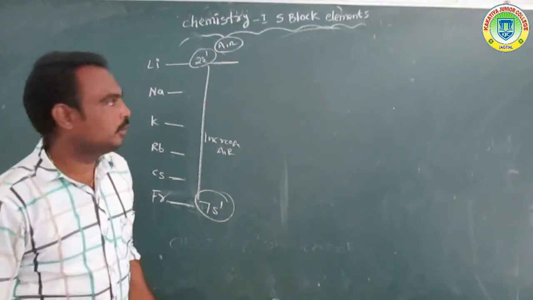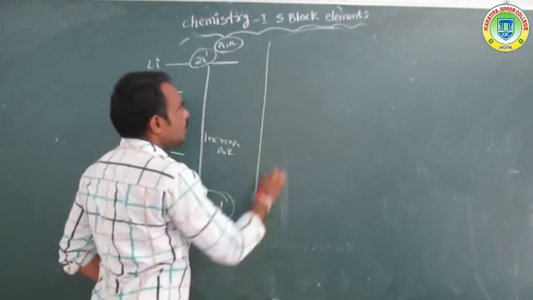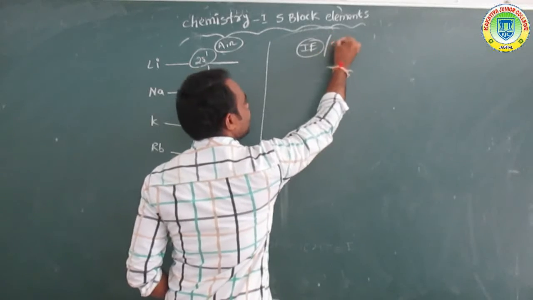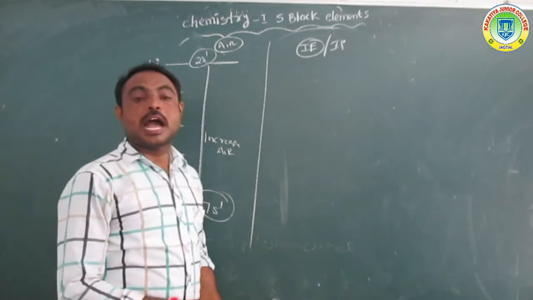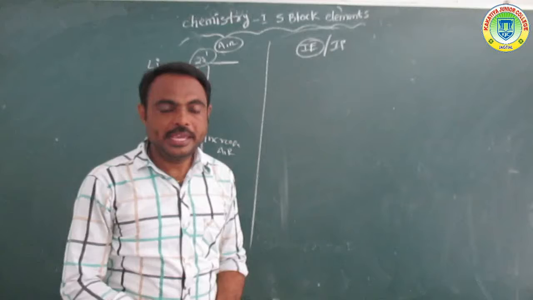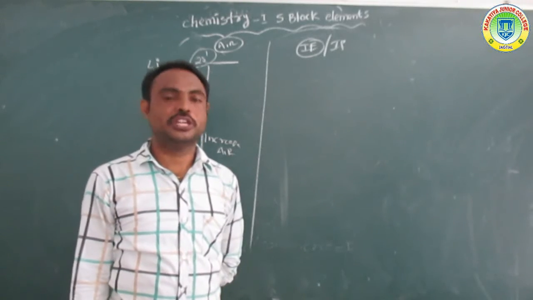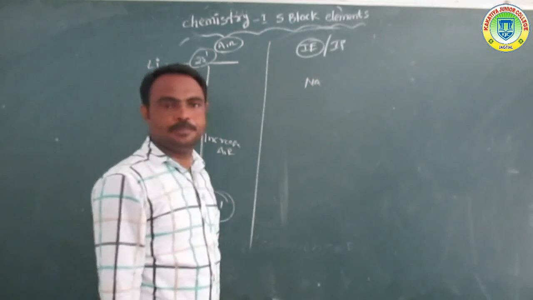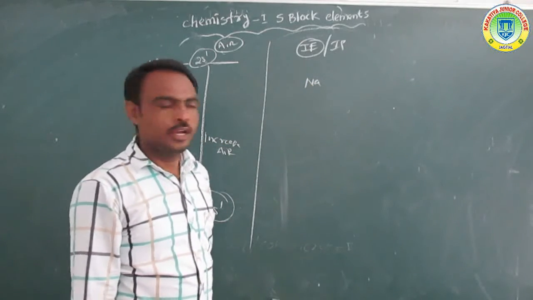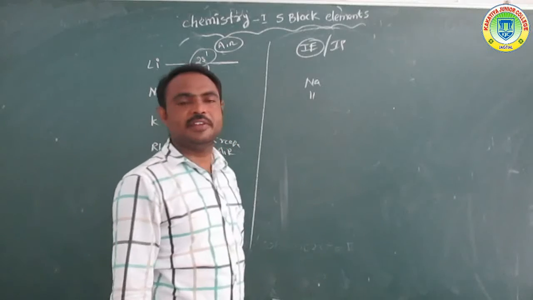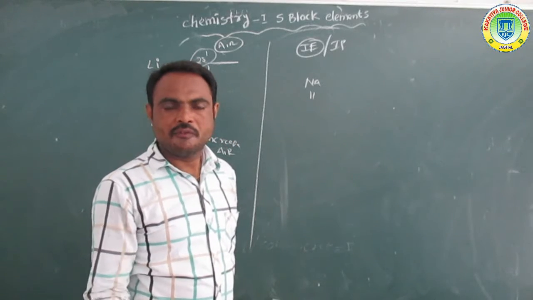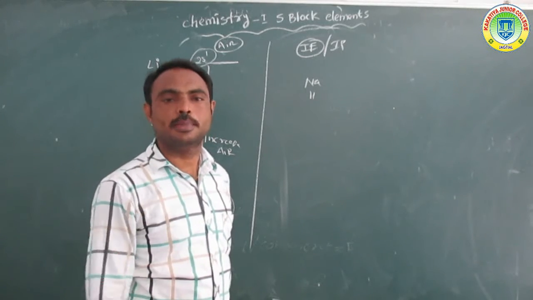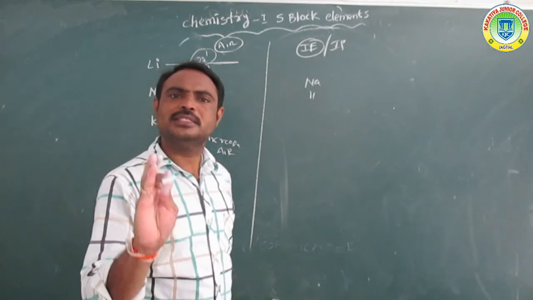Next further, ionization enthalpy or ionization potential. Suppose, for example, we are taking sodium metal. So how many electrons does it contain? 11 electrons. When we remove the electron from the outermost orbital, we require some energy.